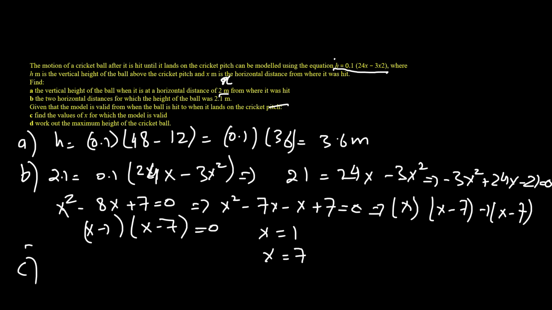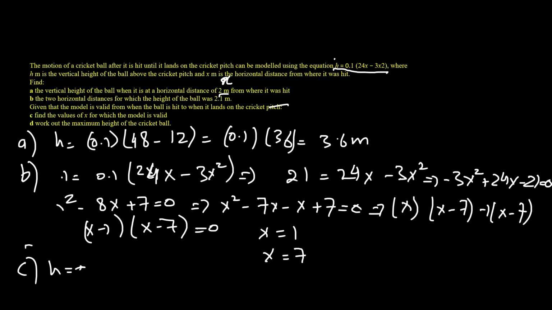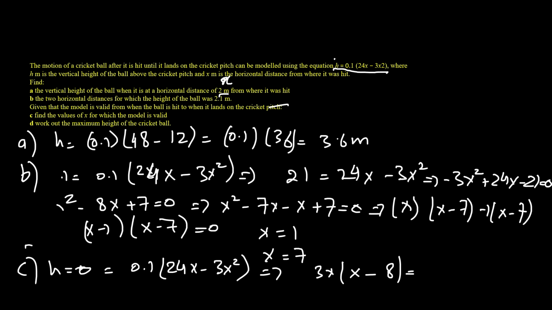So for part C we put h is equal to 0, which is 0.1 times 24x minus 3x squared, or we can solve it like 3x times x minus 8 is equal to 0.